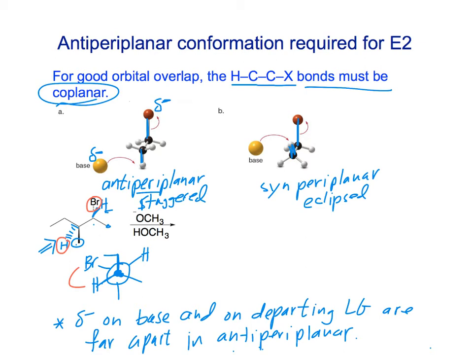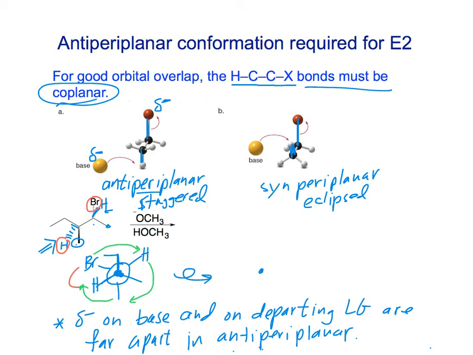And what it needs to be able to do is move this bromine over here, which is going to force this H to go here and this methyl group to go there. So I'm going to redraw this. I'm going to rotate around.